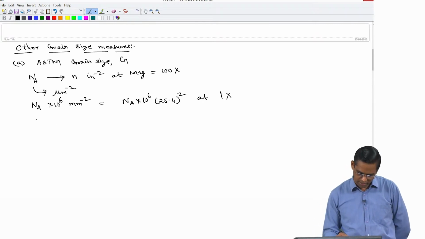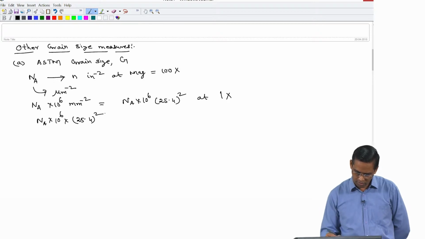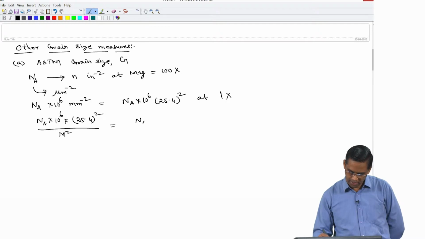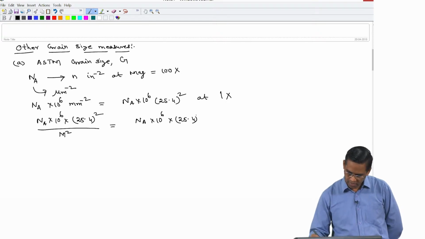So, you can rewrite this as NA times 10 to the power 6 into 25.4 whole square divided by this m square, which is nothing but NA into 10 to the power 6 into 25.4 whole square divided by 100 square.